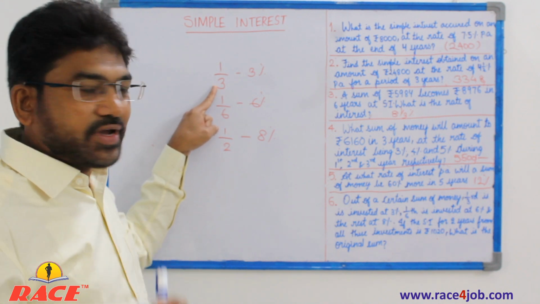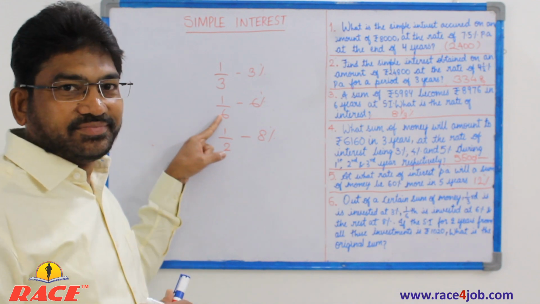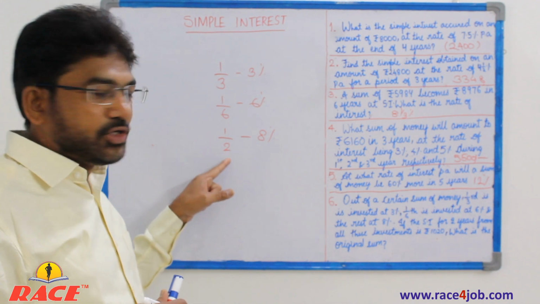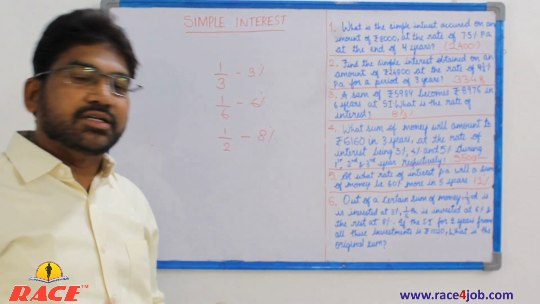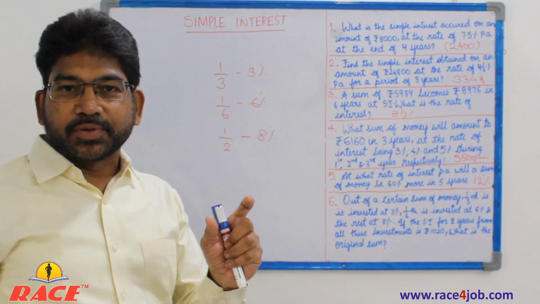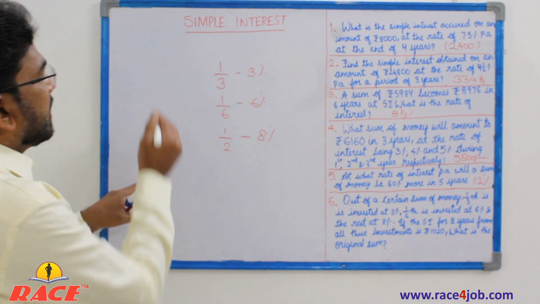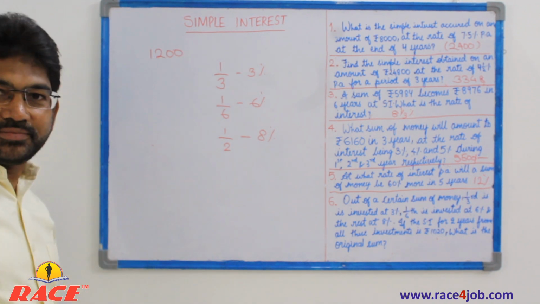Then only you get a round figure. Next, 1/6, it should be divisible by 6 also, and by 2 also. Take the LCM of 3, 6 and 2, nothing but 12. Instead of 12, you take 1,200. I am assuming that the sum is 1,200 rupees.